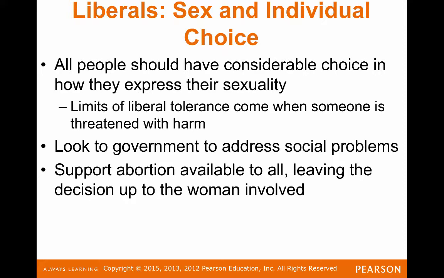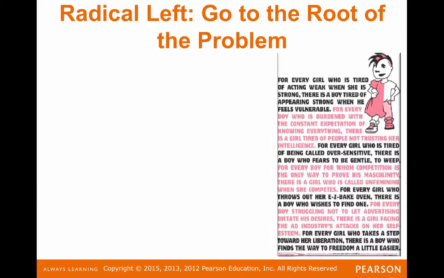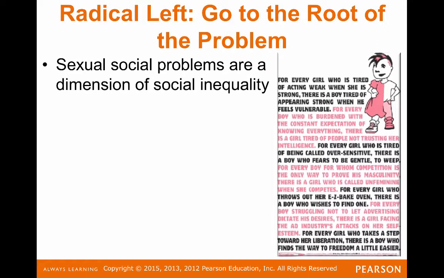And so the radical left, when they try to understand these issues that go on in our culture relating to sexuality, they say, let's just go to the root of the problem. So they argue that sexual social problems are a dimension of the overall general social inequality.